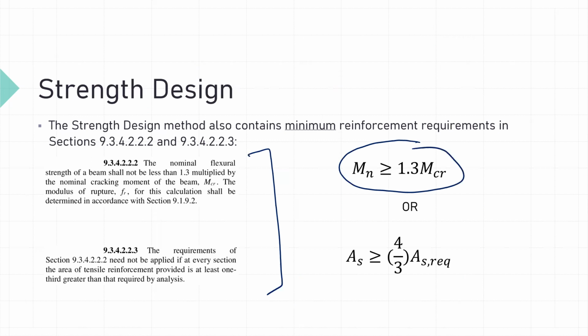And I'll show you how to calculate that here in a minute. Or our area of steel needs to be greater than 4/3 times our area of steel required by analysis. And so again, those are here in these two sections of our code, and I'll go through these in a few examples here in a minute. But those are our minimum reinforcement requirements.